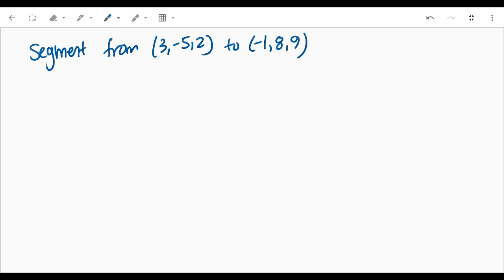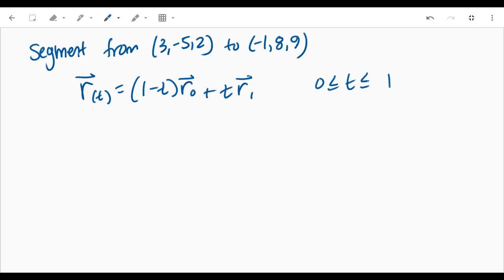Okay, so we know when we do a segment, it's 1 minus t, from 10.5 again, for 0 less than or equal to t less than or equal to 1. Okay, so we would have 1 minus t times (3, -5, 2) plus t times (-1, 8, 9).